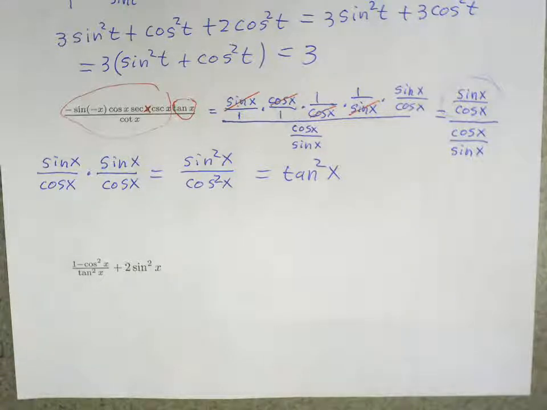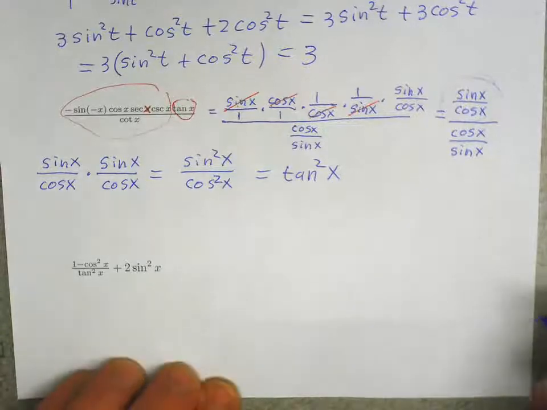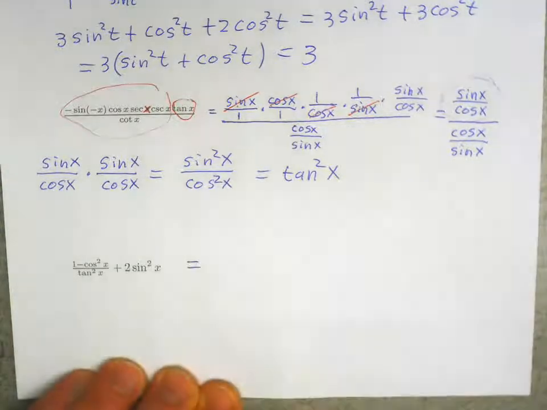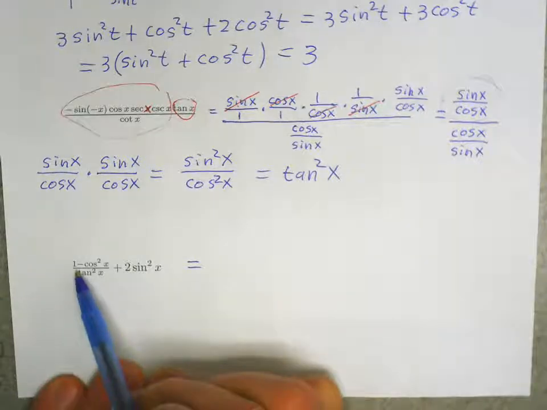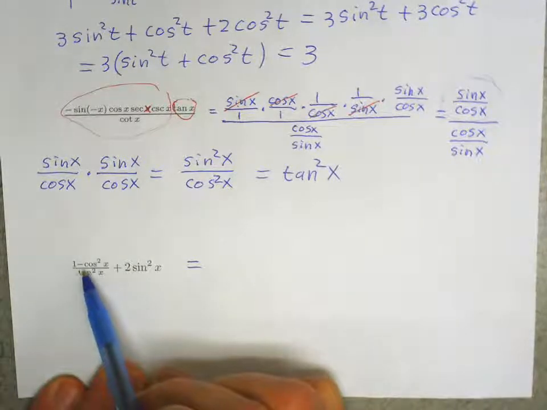Okay, this next one, simplify. So here we have 1 minus cosine of x squared over tangent of x squared plus 2 times sine of x squared. The thing that jumps out at me is in this numerator, 1 minus cosine of x squared.